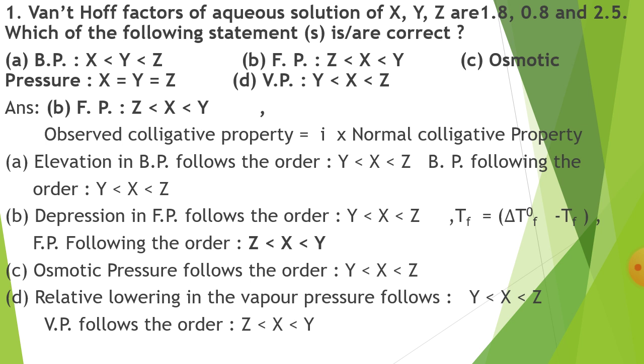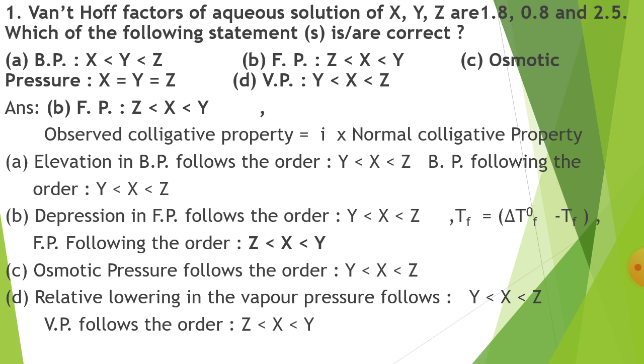Now how do you know that the answer B is correct? Observed colligative property equals i multiplied by normal colligative property. First, for elevation in boiling point, the more the i, the more will be the boiling point.